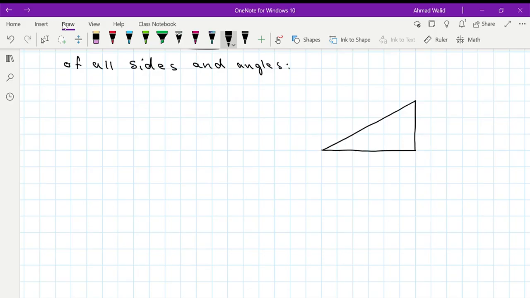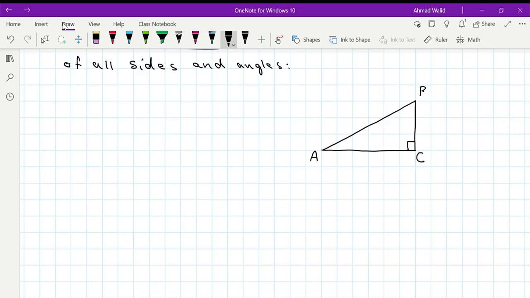Of course, this angle is the right angle, correct? Always name it this way. Here is your capital A. Your C is always the angle that is right, correct? And B goes always here.